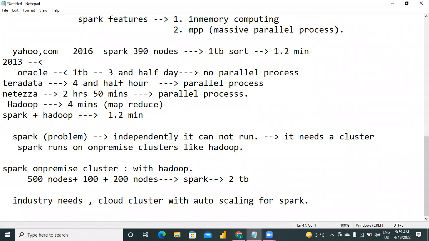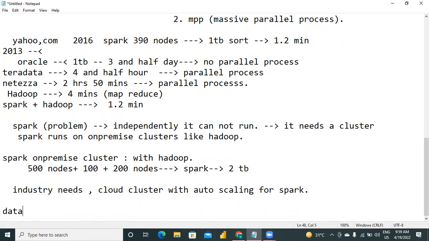So who is providing that cloud cluster with auto scaling? That is Databricks. Simply, what is Databricks? Your regular general answer is: a cloud Spark cluster with auto scaling.